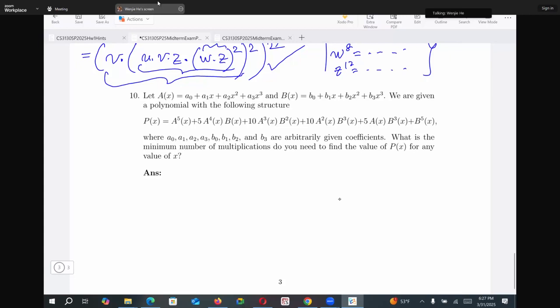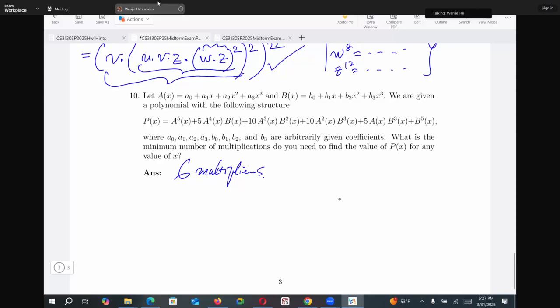They still count directly. The answer is 6 multiplications. Many students gave me 10 something, 20 something, 30 something.